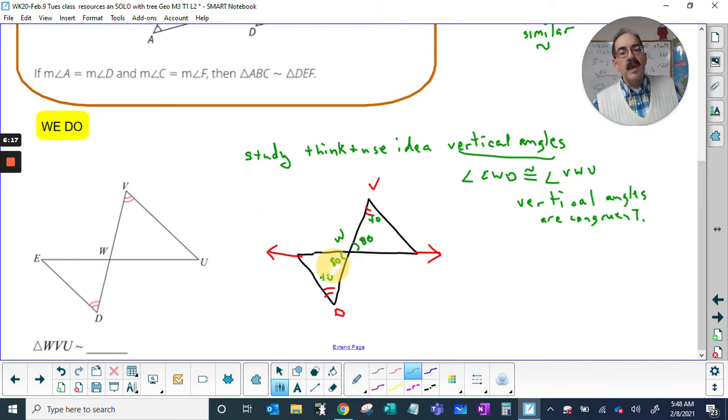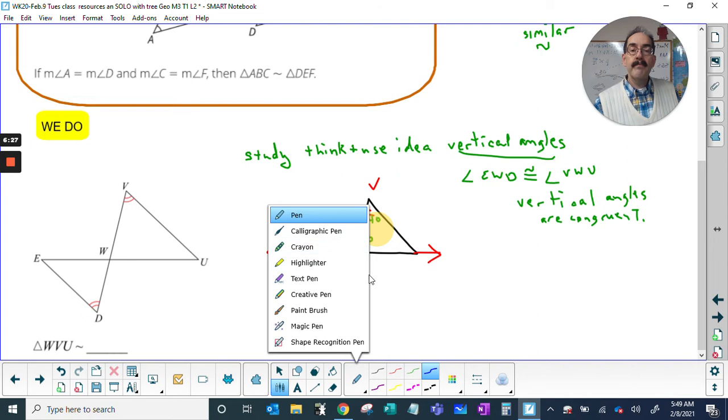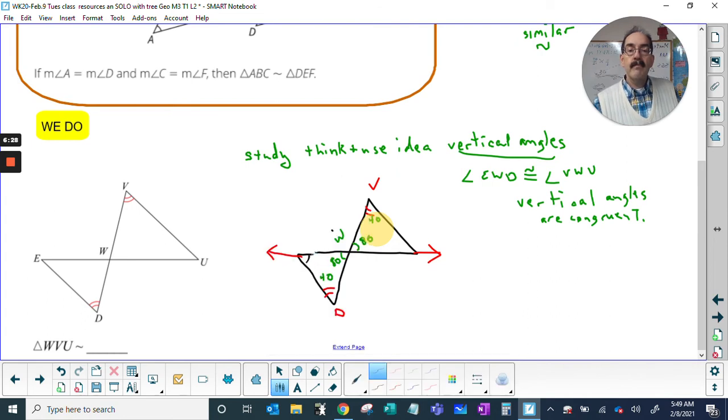If this is 40 and that goes there, and that's 80 and that goes there, then these have to be equal, because we have 180 minus the 40 minus the 80. 180 minus 120, 60.